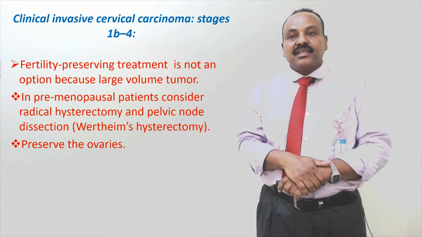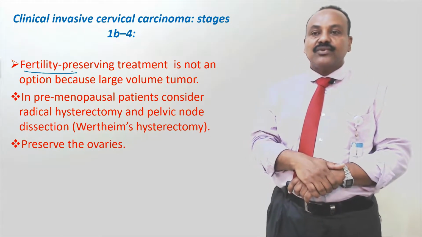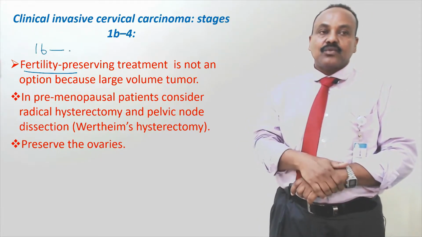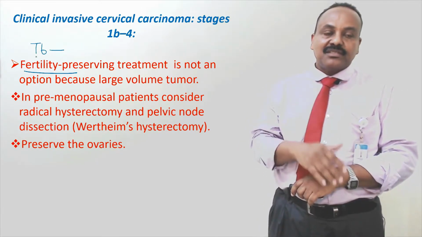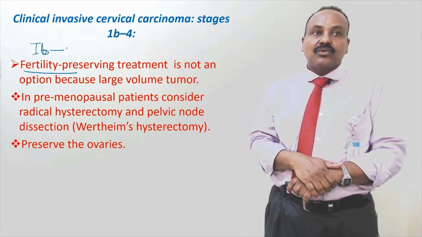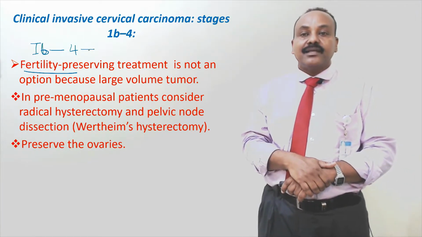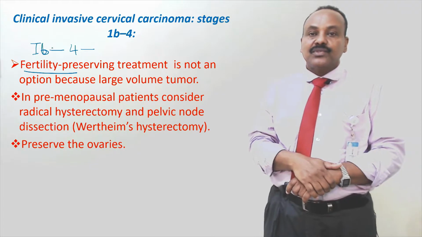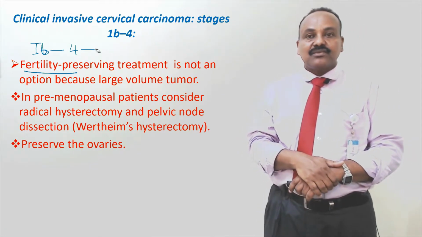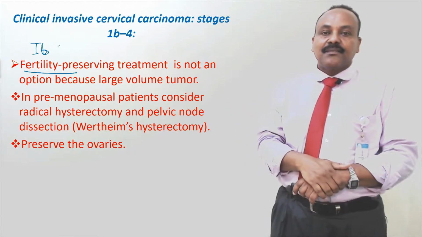Fertility preserving treatment is not an option with a large volume tumor, this is stage 1B. Stage 1A, the microscopic one, we have finished regarding treatment. Stage 1B is what we call a clinical lesion, and the lesion is large volume. So what is fertility preserving? It means removing the cervix and allowing the uterus for further pregnancy.